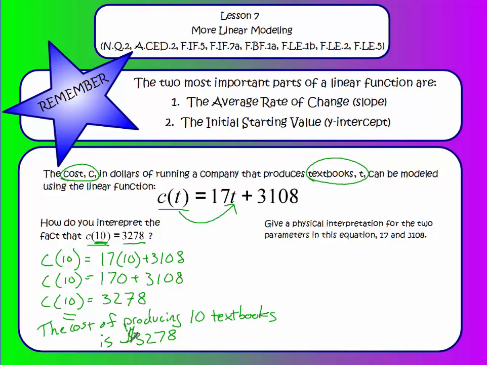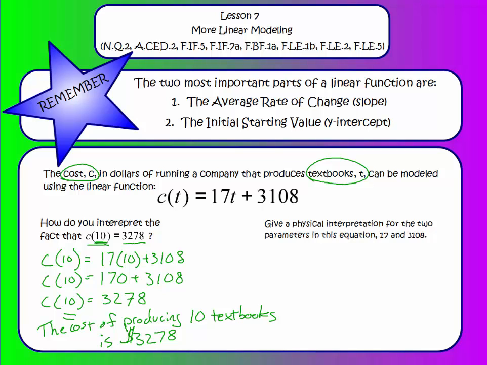All right, so let's look at this next part. Give a physical interpretation for the two parameters in this equation. The parameters, it tells you, are the numbers 17 and 3,108. But more importantly, the parameters in general, if it didn't tell you what they were, are the slope and the y-intercept, the b value.